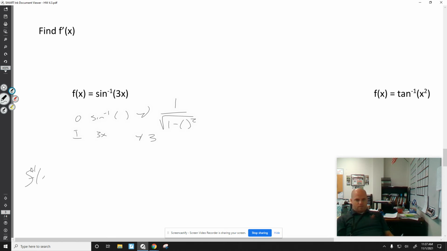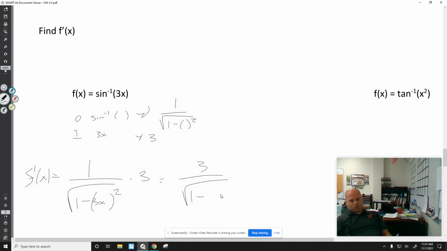So f prime is 1 over root 1 minus (3x) squared, times 3. If you needed to simplify, I could put the 3 up top, and I'd square the bottom. When you square the bottom, make sure you square 3 and x. 3x times 3x is 9x squared.